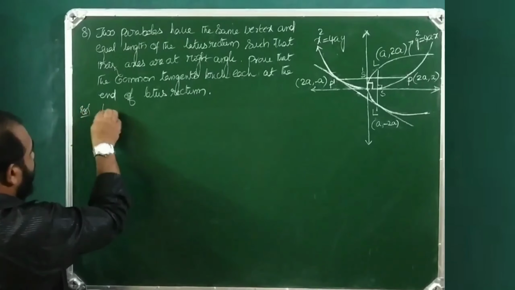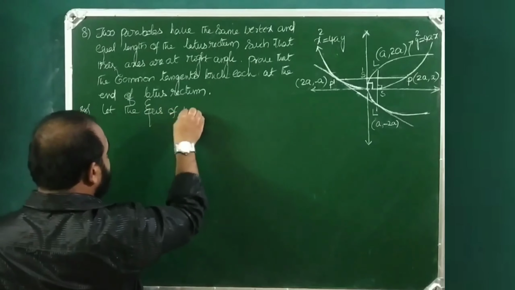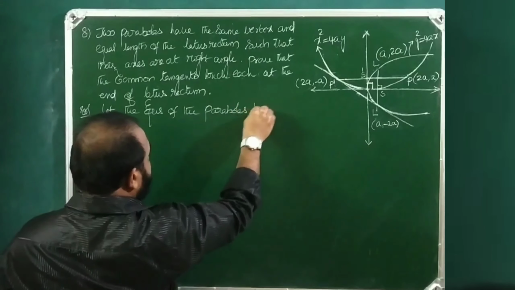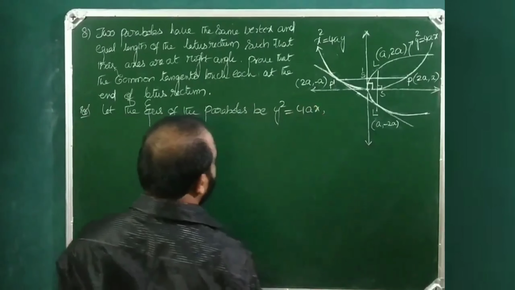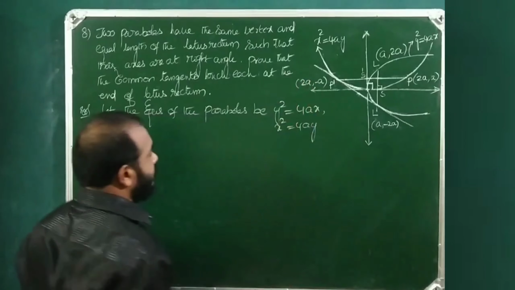Solution: let the equations of the parabolas be y square equals to 4ax, x square equals to 4ay.